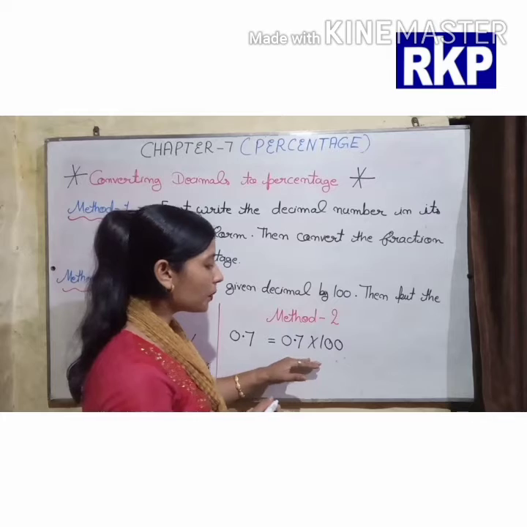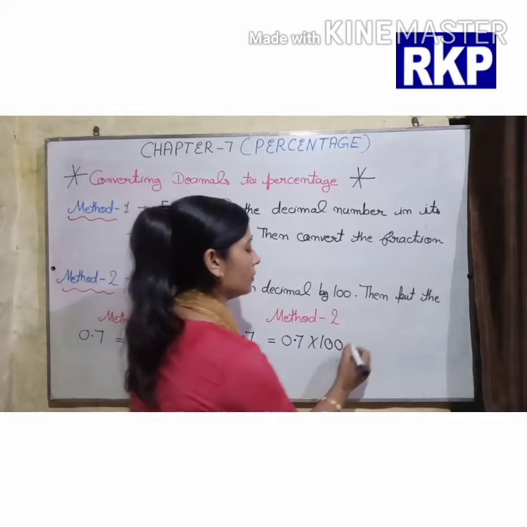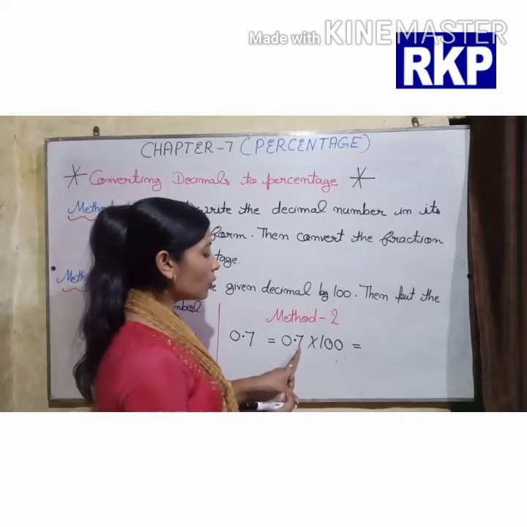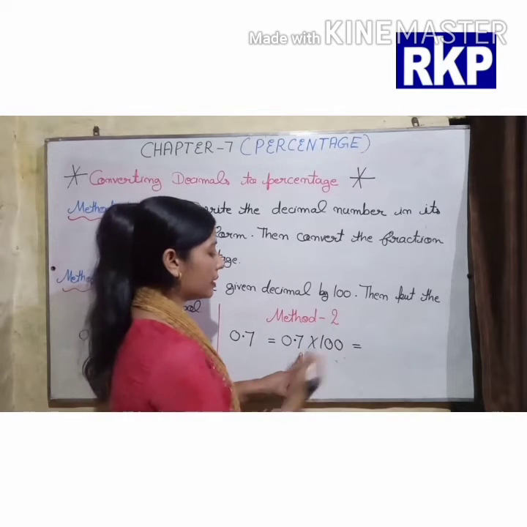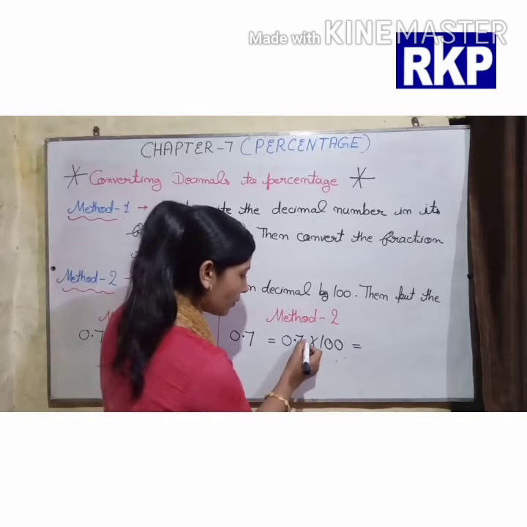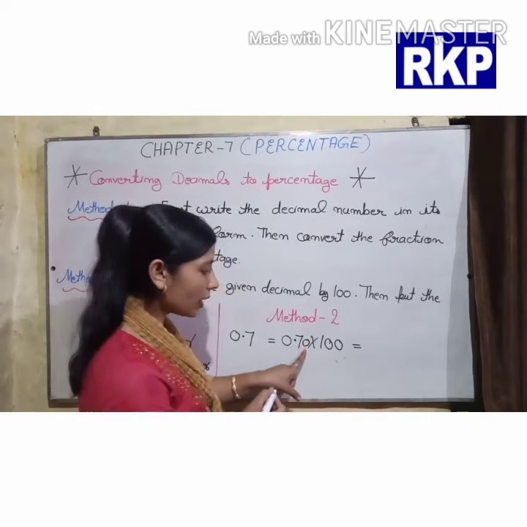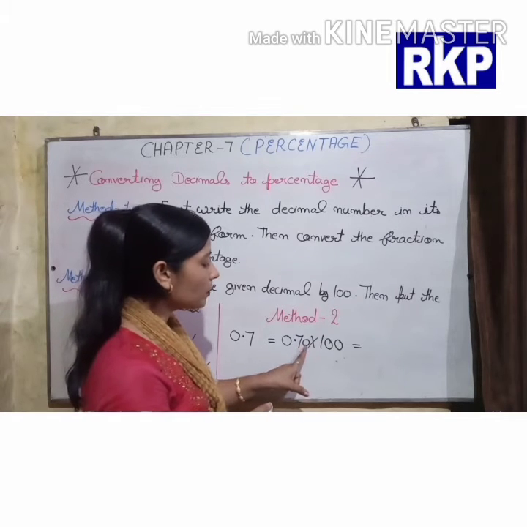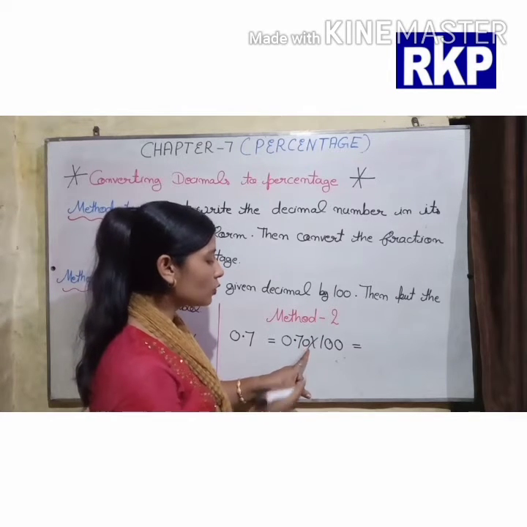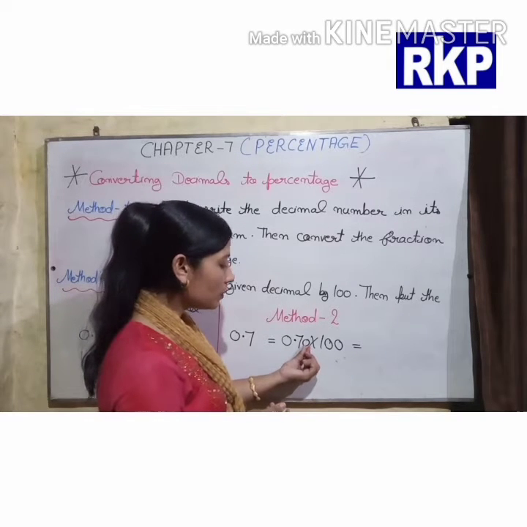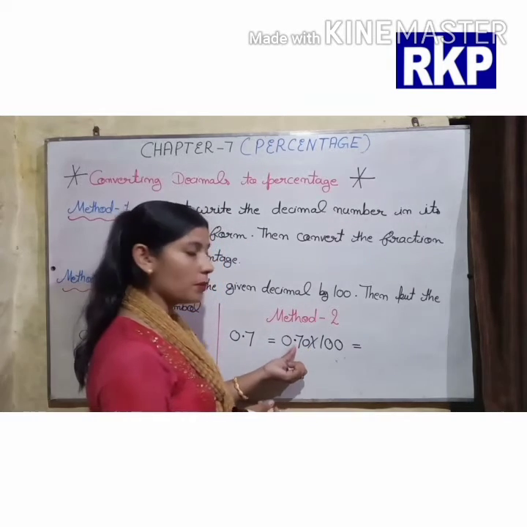So after multiplying by 100, we shift the decimal 2 digits to the right side, means 1 and 2. After here we can write 0. Okay, this 7, and after 7 we can write so many zeros, because we know there is no value of 0 after the decimal point.